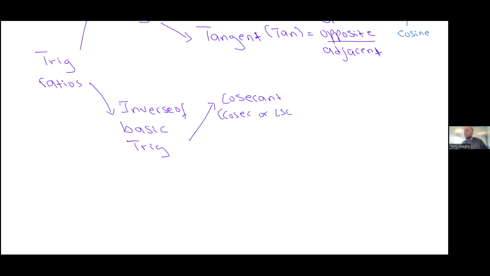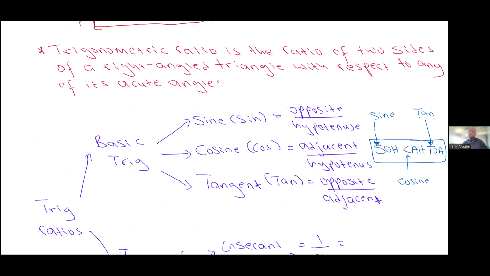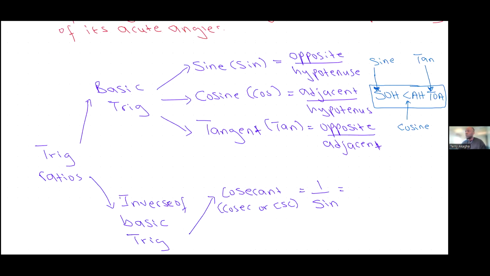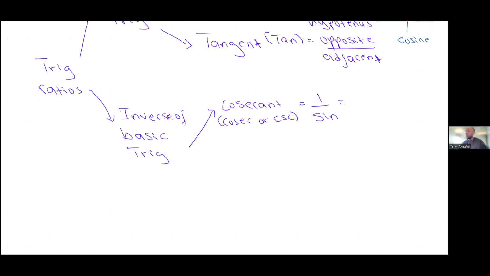This is the same thing as 1 divided by sine. Since sine is opposite over hypotenuse, you flip it. So in this case, it's going to be hypotenuse divided by opposite.